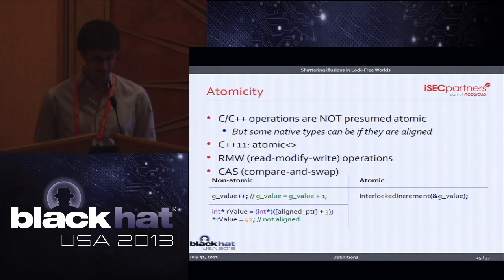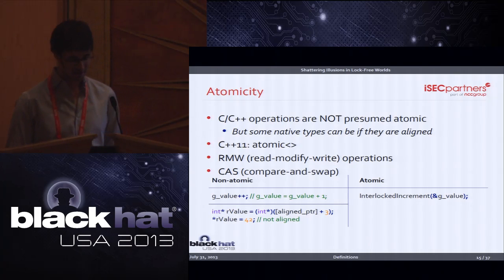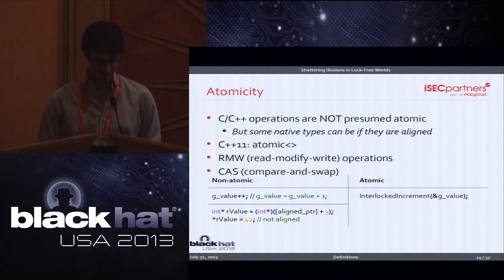I'm going to start with atomicity. One critical component for multi-threaded programs is atomicity. An atomic operation means it occurs instantaneously, and it basically prevents other threads from interfering when modifying a memory location. C and C++ operations are not presumed atomic, even though some native types can be if they are not wider than the memory bus and if they are aligned.